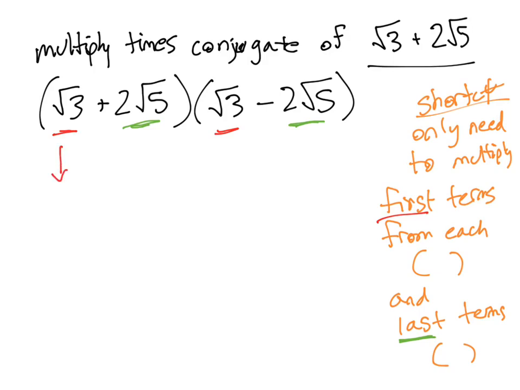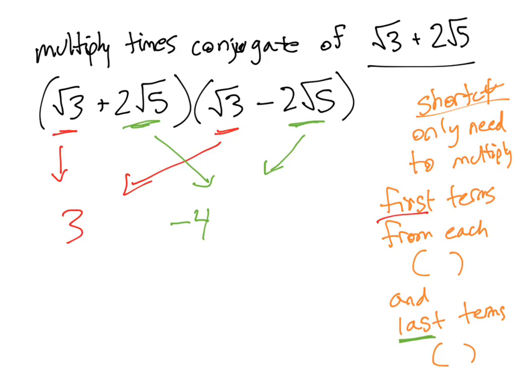So if we multiply the square root of 3 times the square root of 3, that's just equal to 3 by definition of the square root. And if we multiply positive 2 times the root of 5 with negative 2 times the root of 5, positive 2 times negative 2 gives us negative 4.